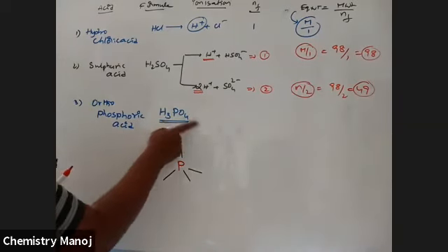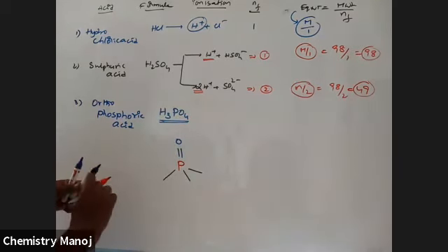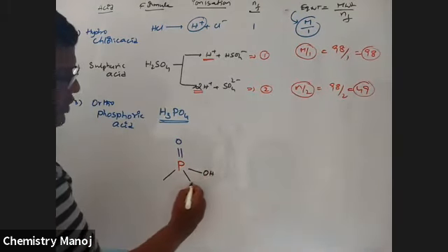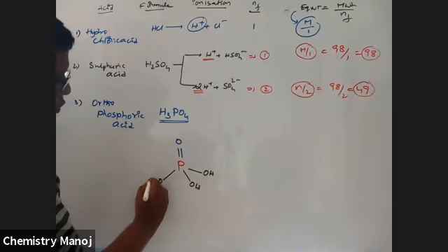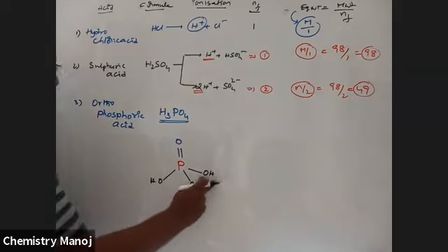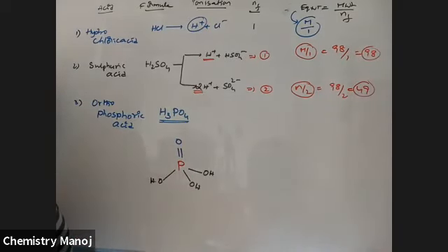So this 1 oxygen is completed. Remaining 3 oxygens and 3 hydrogens are there, as OH groups. This is the structure of H3PO4.